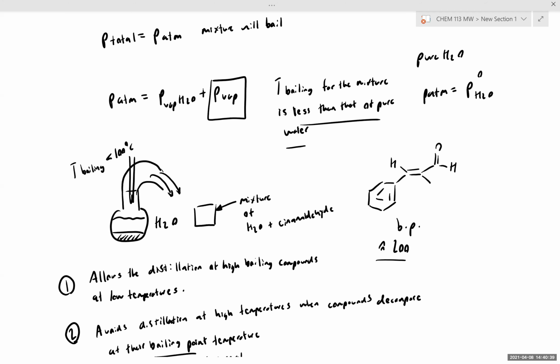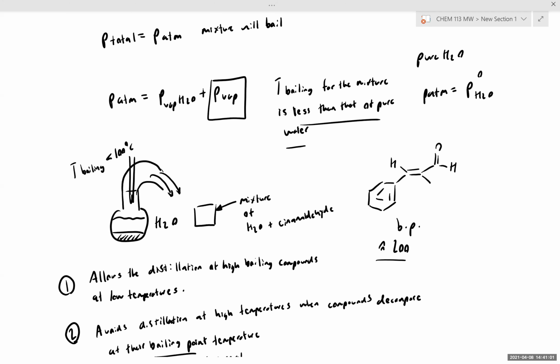So if we have our water cinnamaldehyde mixture and we heat it until it begins to boil, it will boil at less than 100 degrees Celsius, less than the normal boiling point of pure water. This allows us to collect a mixture of water and cinnamaldehyde.